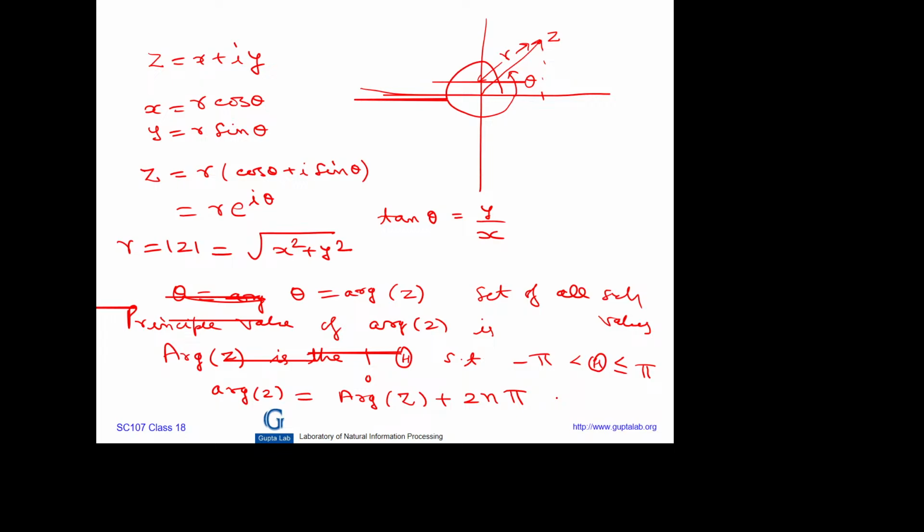So I think then you can, if we take a small example, minus 1 minus I has principal argument minus 3 pi by 4, which lies in third quadrant, you know.